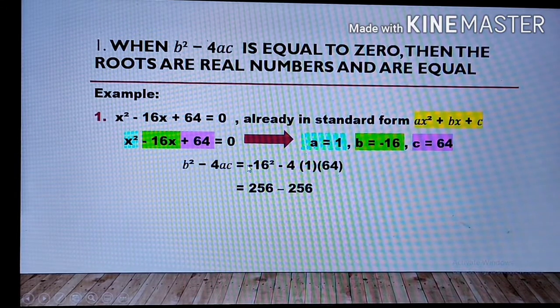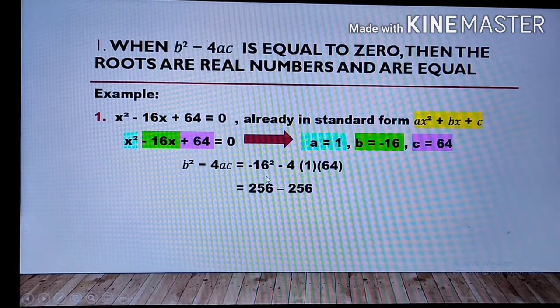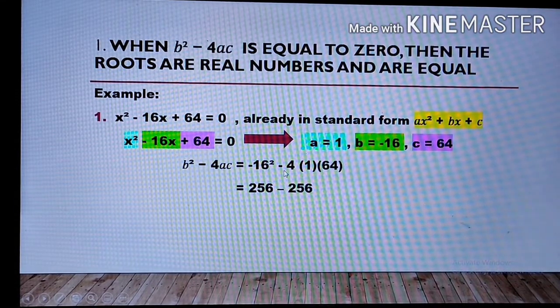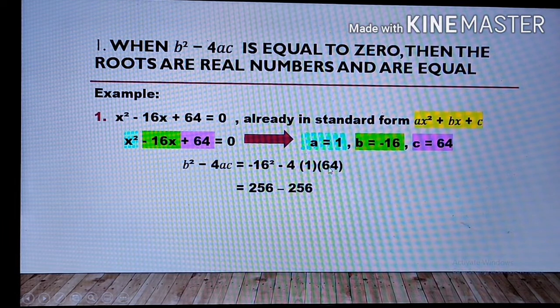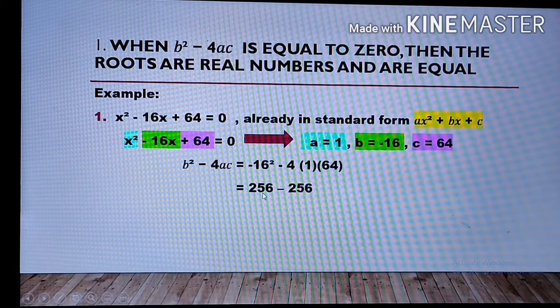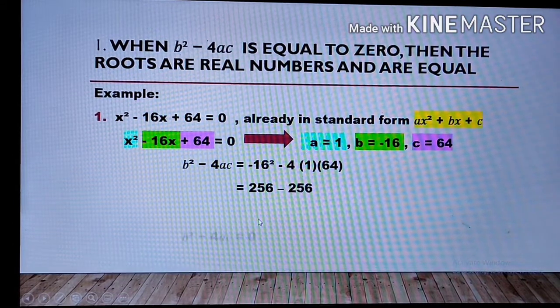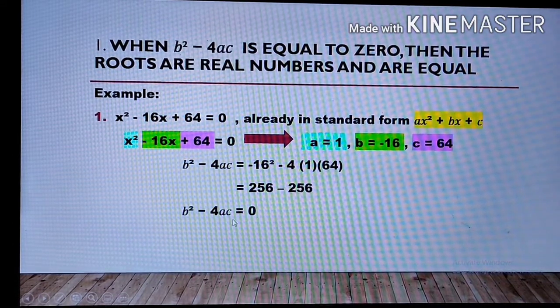Next, negative 16 squared. It is not negative 16 times 2, ha? It is negative 16 times negative 16. So, the result is positive 256. Then this one, negative 4 times 1 is negative 4. Then negative 4 times 64 is negative 256. Then 256 minus 256 is equal to 0.